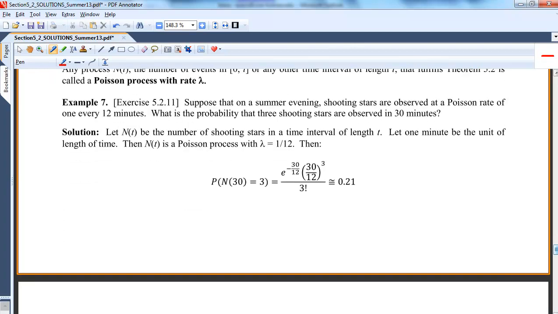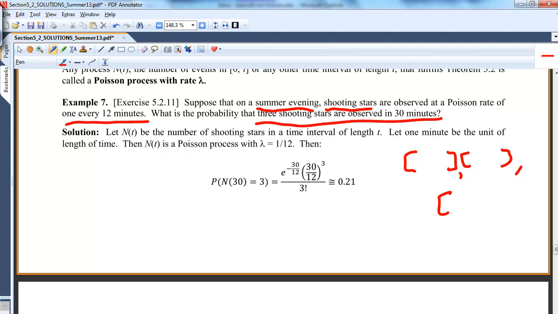So I have 2 examples and the rest are others. Suppose on a summer evening, shooting stars are observed at a rate of 1 every 12 minutes. What's the probability that 3 shooting stars are observed in 30 minutes?